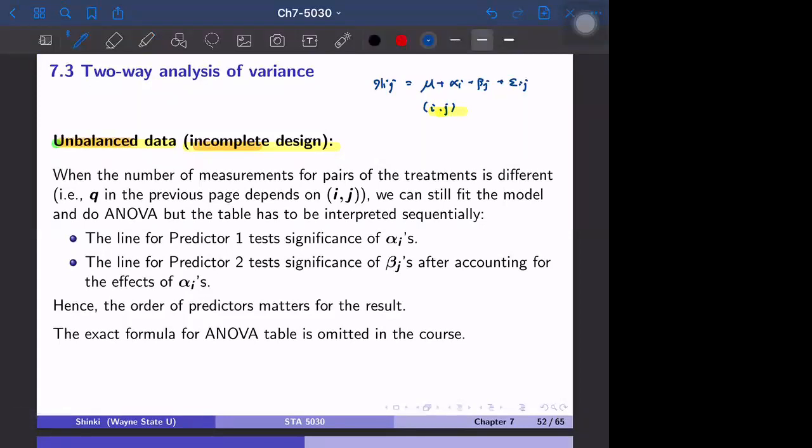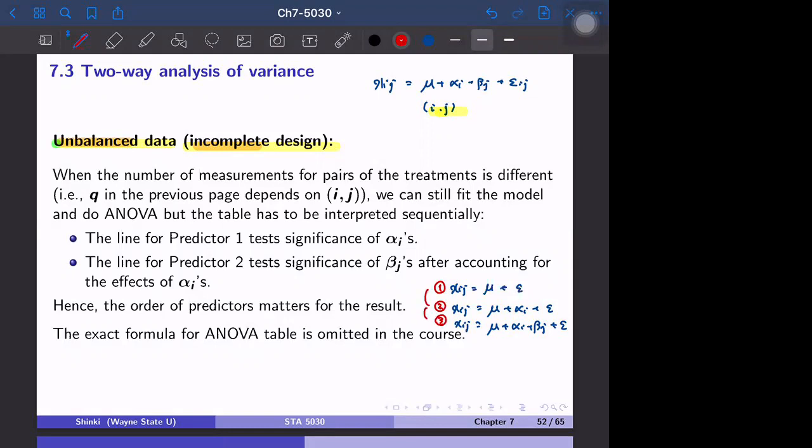The model x_ij equal to mu plus epsilon_ij is tested against x_ij equal to mu plus alpha_i plus epsilon_ij. For the second test, we have to test the second hypothesis against the third one. So we have to test the models sequentially: first 1 versus 2, and second 2 versus 3.